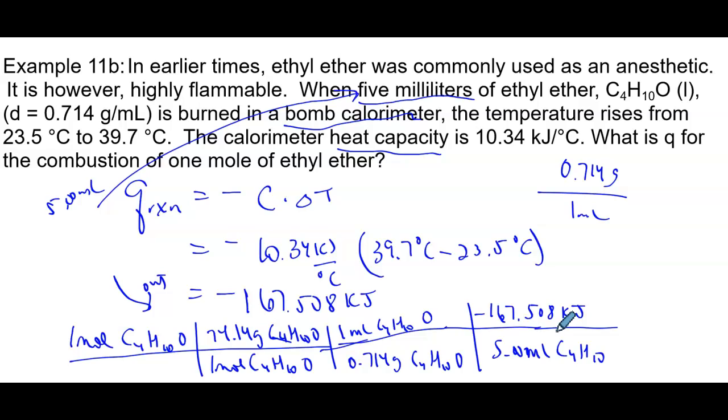So 74.14 times 1 times 1 times 167.508 negative, divide by 0.714 equals, divide by 5 equals, and we get here a final answer of negative 3,478.72 kilojoules. So that is very similar to the last problem with the one added piece of needing to use density to be able to use our in versus out.